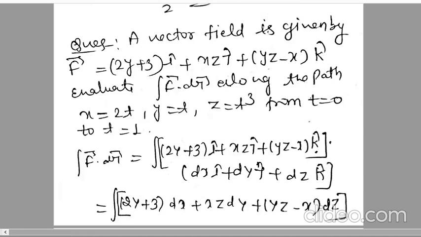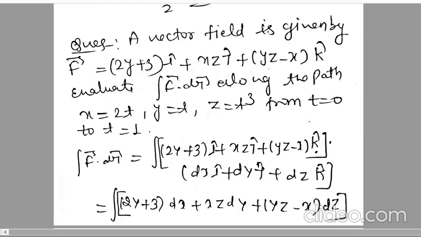Evaluate the integral of f vector dot dr vector along the path x is equal to 2t, y is equal to t, and z is equal to t cube, from t is equal to 0 to t is equal to 1, right?